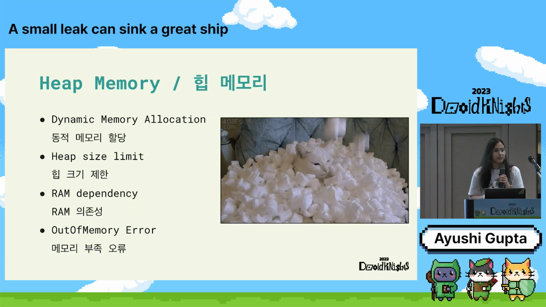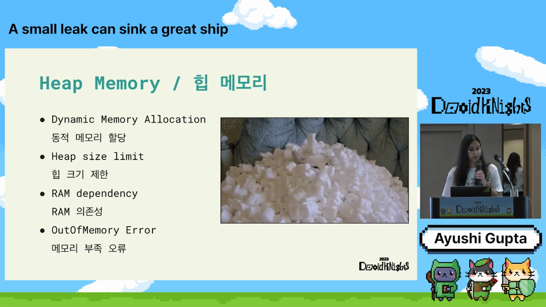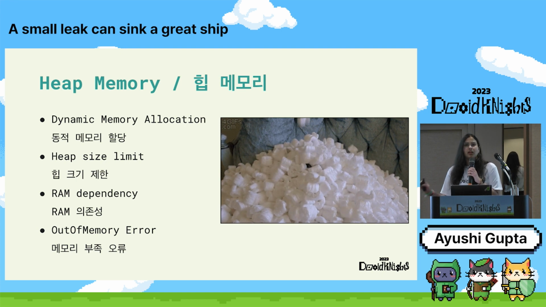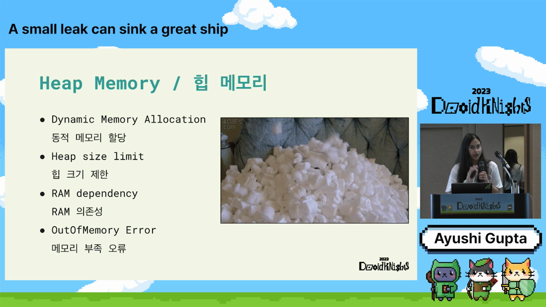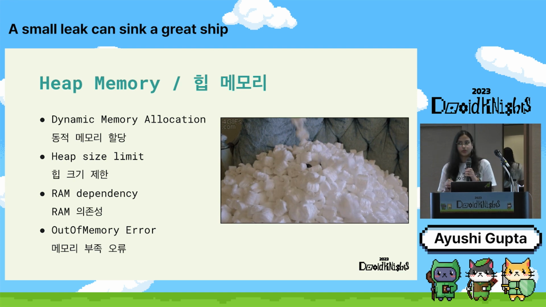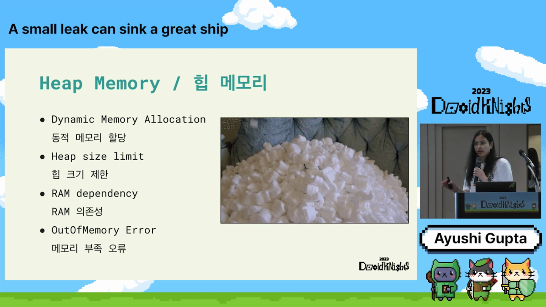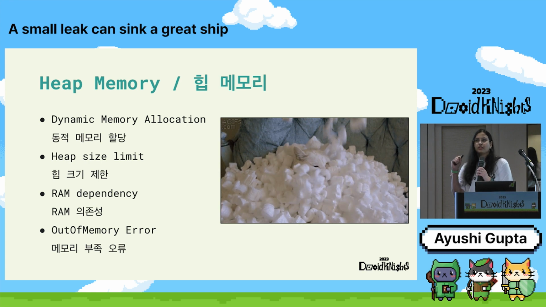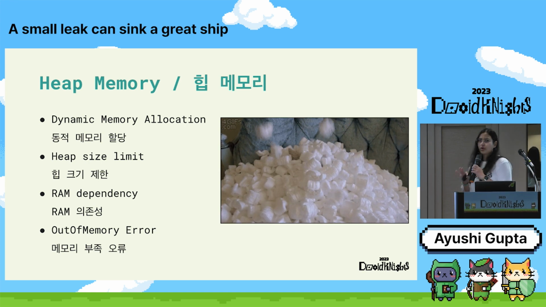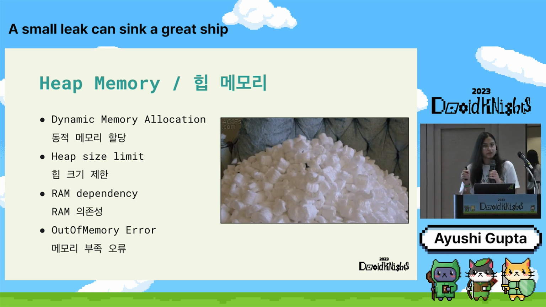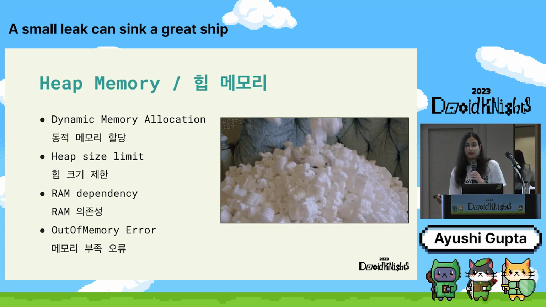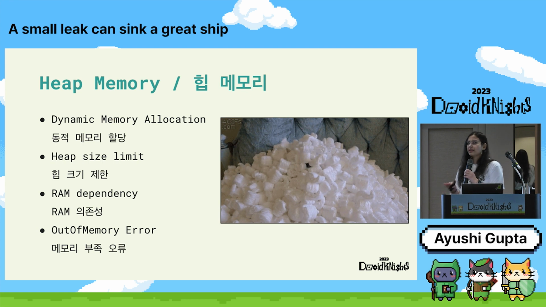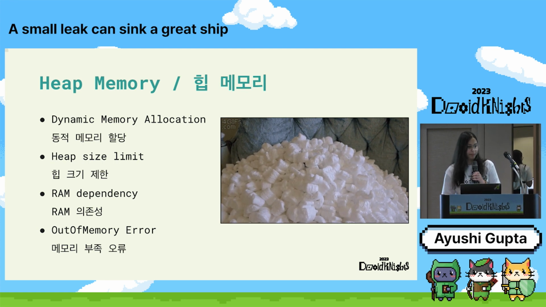Let's just see a bit about heap memory as well. Heap memory is responsible for the dynamic memory allocation in your entire app. So unlike stack memory, which is used just for the thread, heap is used all across your app. So whenever you create an object, it is allocated in the heap memory. And these objects are accessible globally.